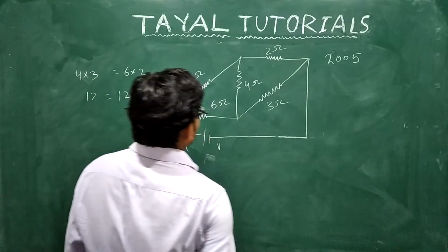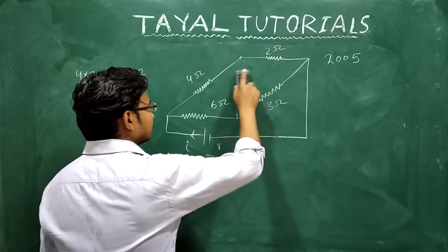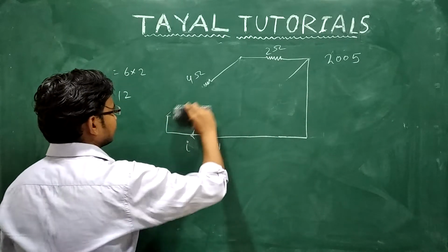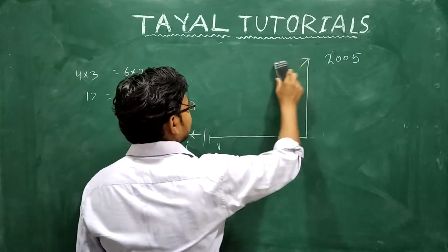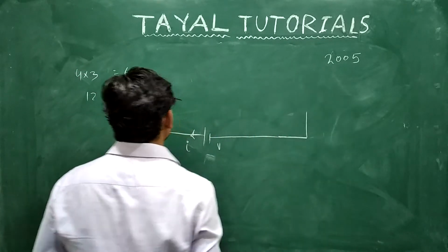So let's see, I am just removing that resistance which is your 4 ohm, and I am rearranging that circuit. You can see these are simple questions that were asked in NEET 2005.